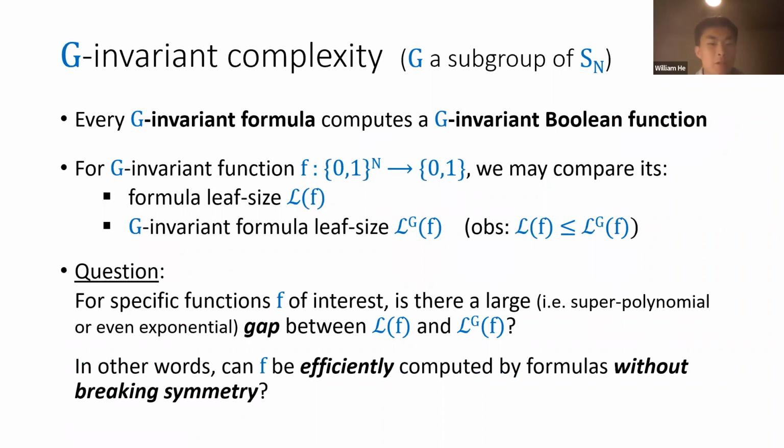So we can ask the question of whether there exist specific functions f with large gaps between their invariant and non-invariant complexities. In other words, do there exist functions f that can be efficiently computed by formulas without breaking symmetry?